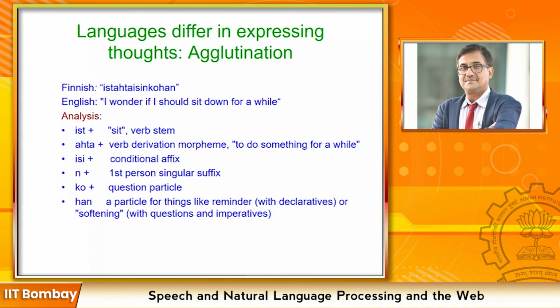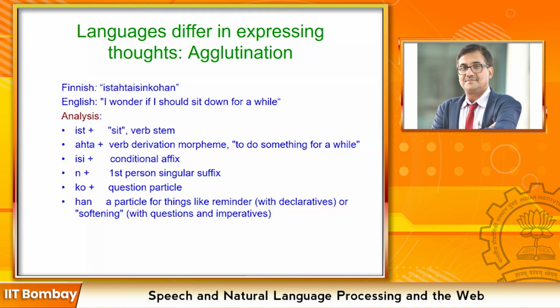Now the question is coming from Han. Han is a particle for things like a reminder or a softening, okay, and conditional is EC. So this whole string, I have a Swedish friend. Yes, actually you have heard his name before.